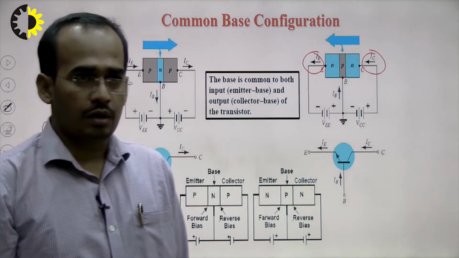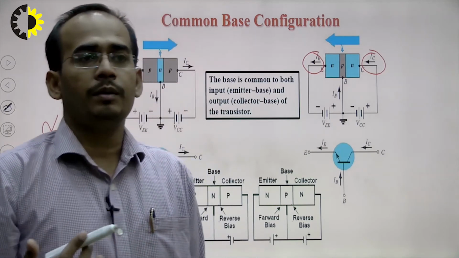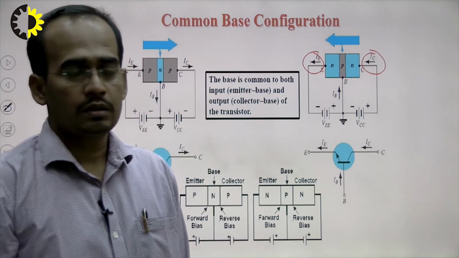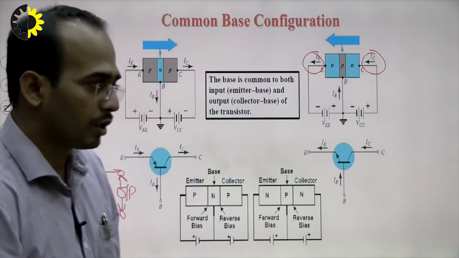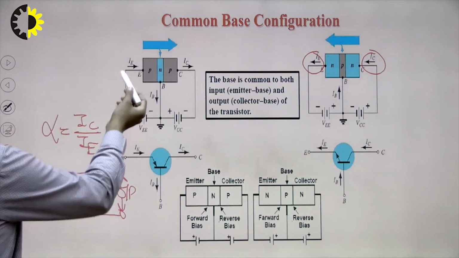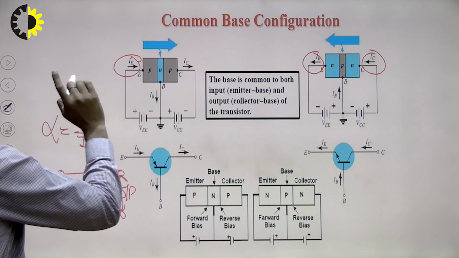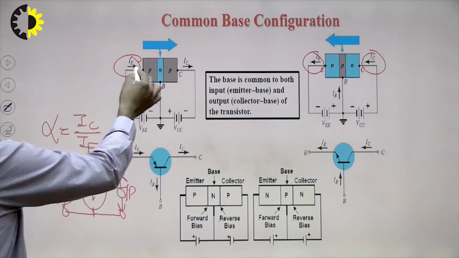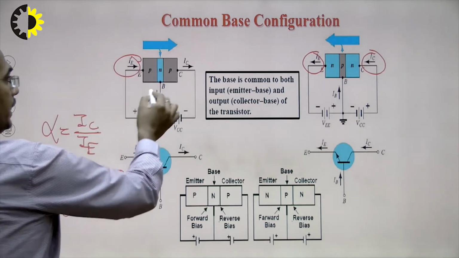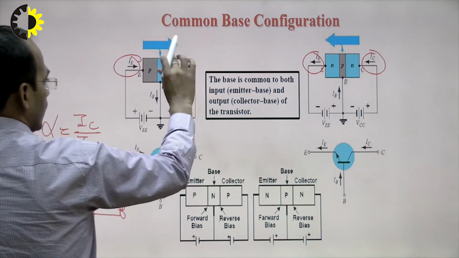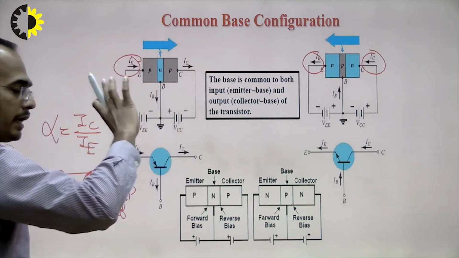Suppose I want to draw the input characteristic and output characteristic. The input characteristic will be drawn between input current and input voltage. Input is given between the emitter terminal and base terminal, and the output current is IC and the output is taken across the collector and base terminal.